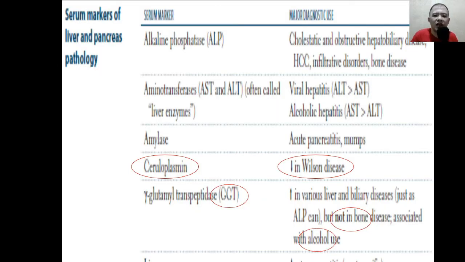And here is a summary of the enzyme, as well as the major diagnostic use of it.